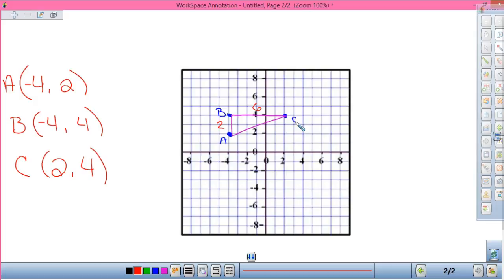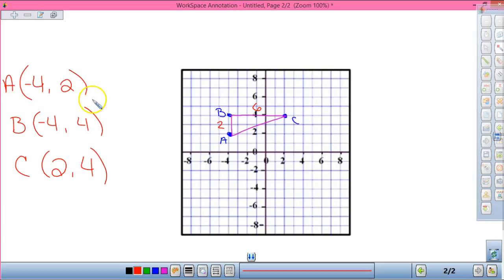How do we find it? a squared plus b squared equals c squared. Okay, you could use the Pythagorean theorem. We could also use the distance formula, because we're looking for the distance between A and C, right?